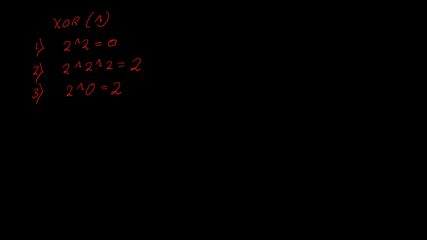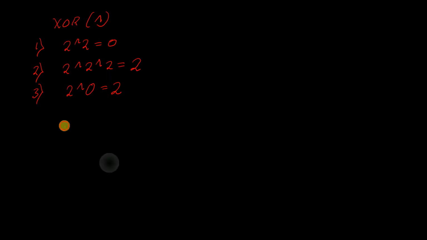So if we XOR all the elements in the array with every element in the range 0 to n minus 2, then all the elements which have one occurrence are XORed 2 times, and hence the result will be 0. But the duplicate element is XORed 3 times, hence its result is the number itself.